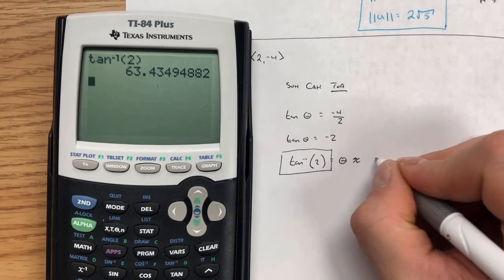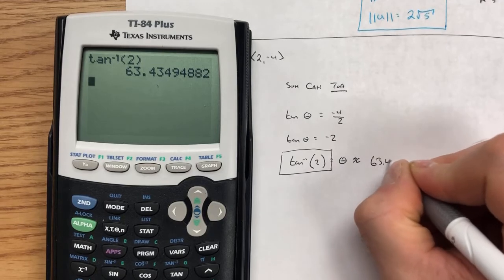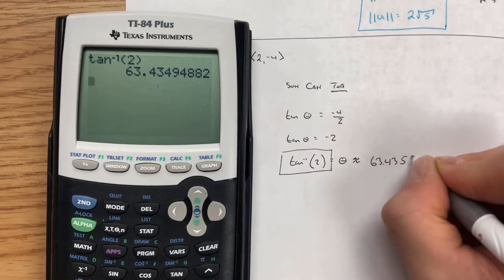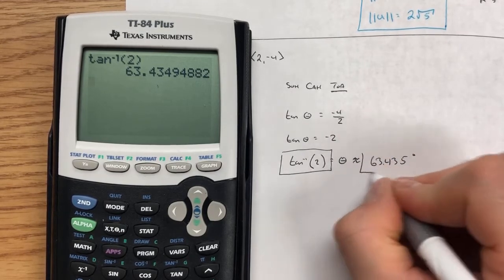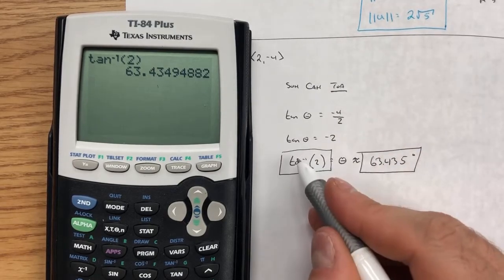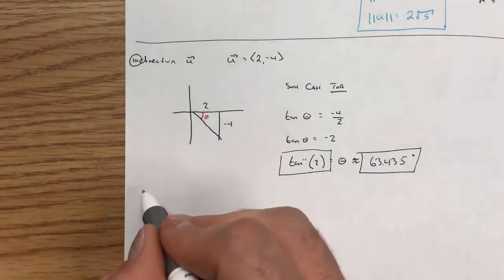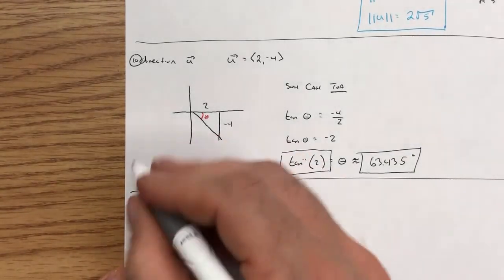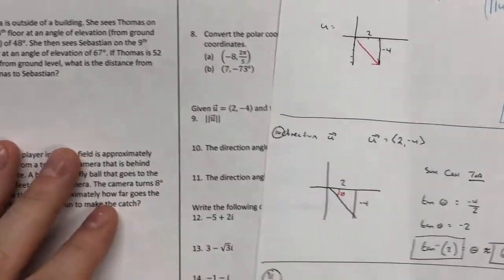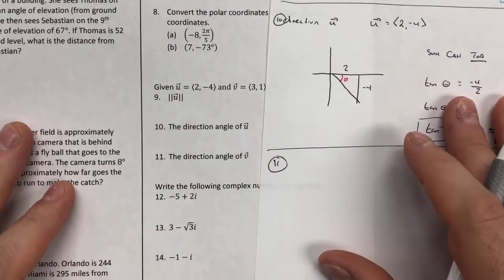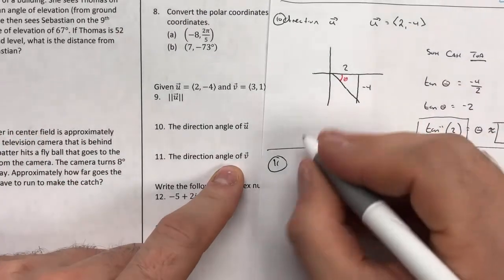My direction is going to be roughly negative 63.435 degrees. One of those two, if you want exact or if you want an approximation. Okay. So number 10, the direction of u. If I'm looking at number 11, now I'm finding the direction angle of the vector v.